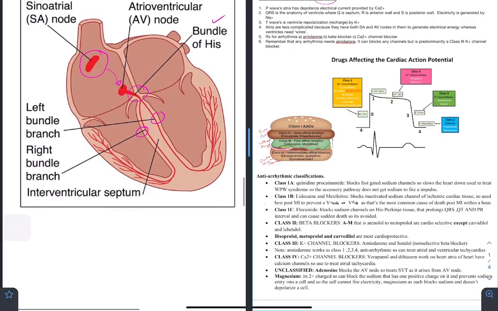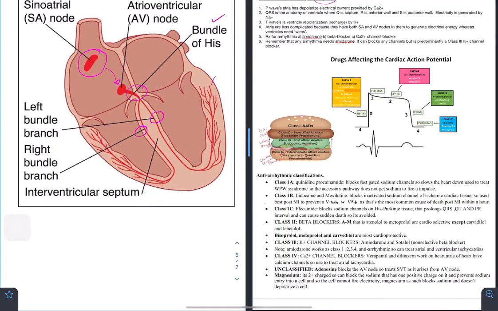And these tiny fibers are also known as Purkinje fibers. So that is the overview of the heart conduction system, and anything could go wrong along this pathway.